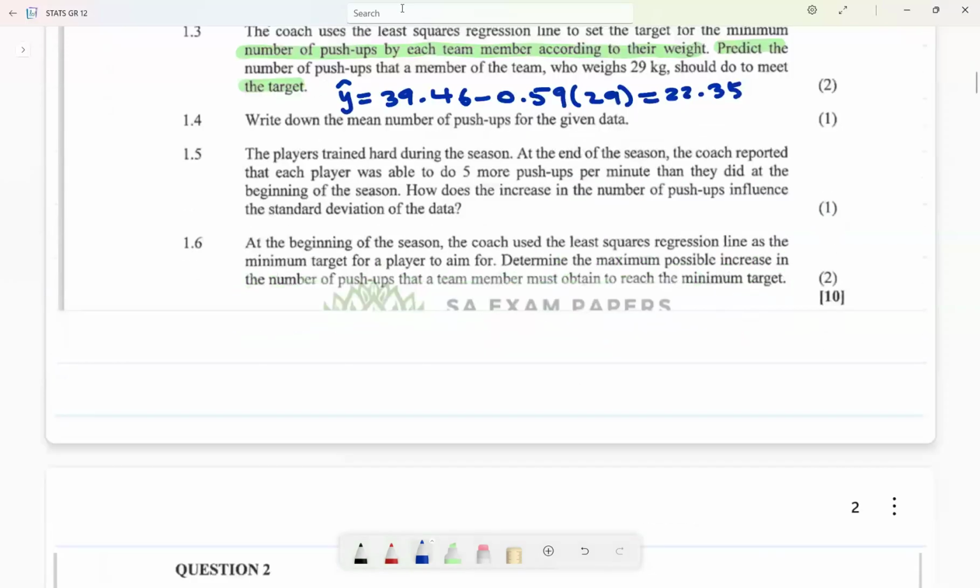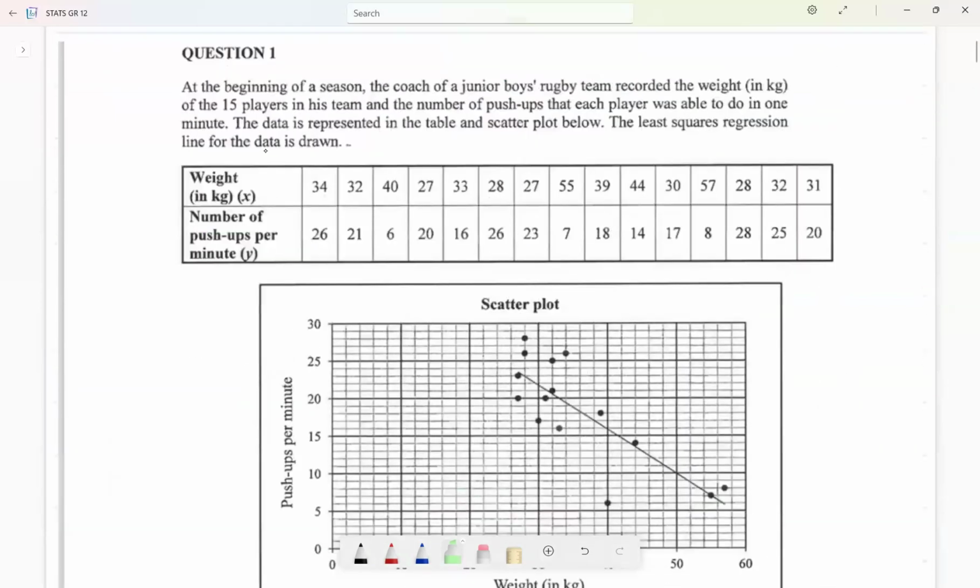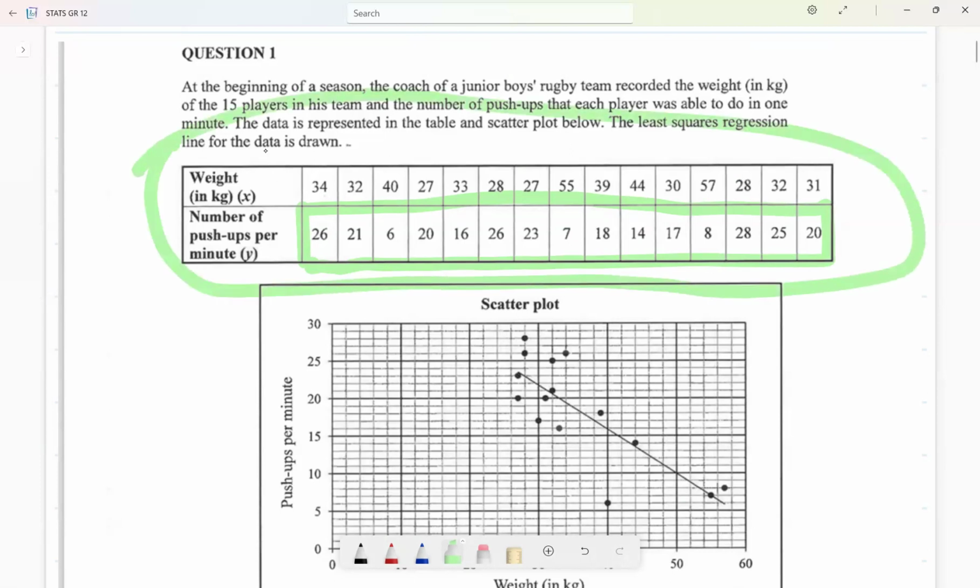And then they say write down the mean number of push-ups for the given data. Let's see, mean number of push-ups. You already have your data in your calculator where you have plotted this, the x as the weight and the y as the push-ups.